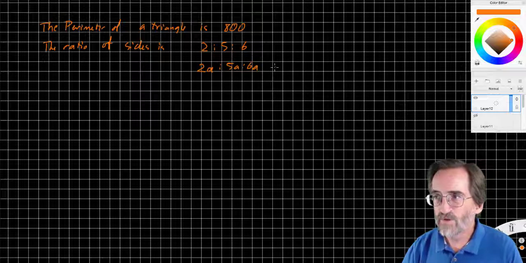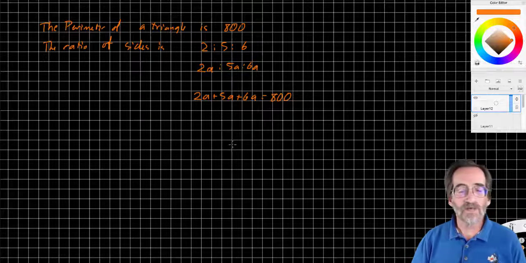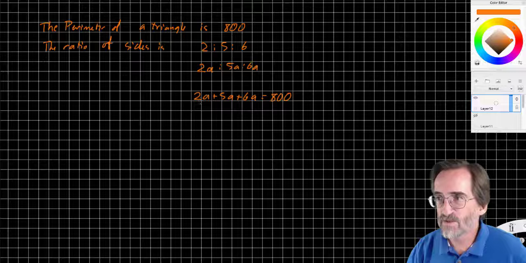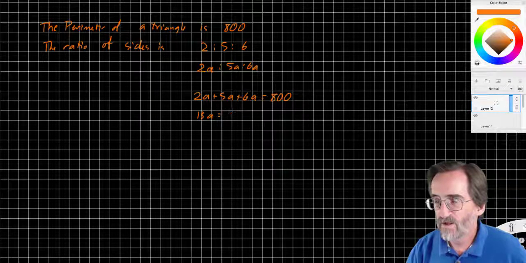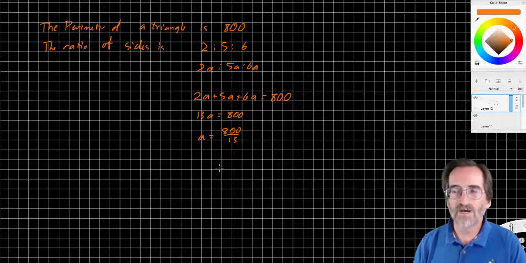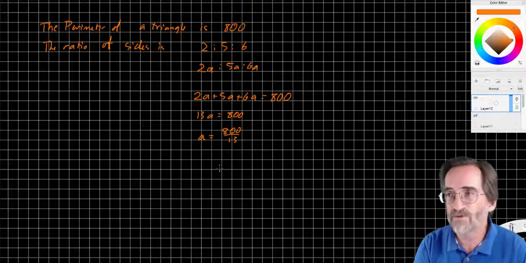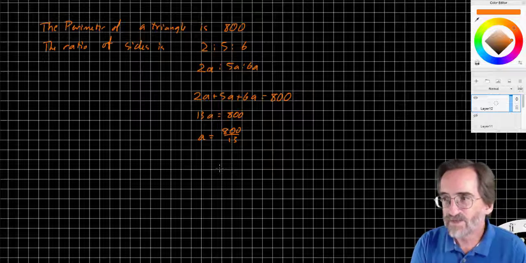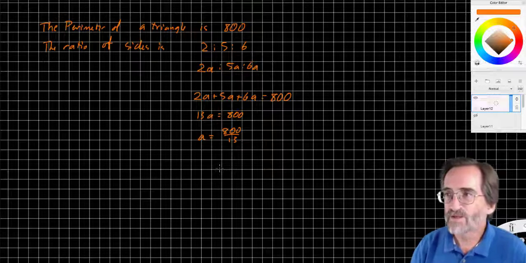And the perimeter is 800. So the perimeter is found by adding 2a plus 5a plus 6a equals 800. And that gives me an equation I can solve. 6 and 5 is 11, and 2 is 13a. So a is 800/13, and I'm just going to leave it like that. Again, I made up the numbers so they don't divide nice and even. It probably will with the problems you're given. But a is approximately 61.